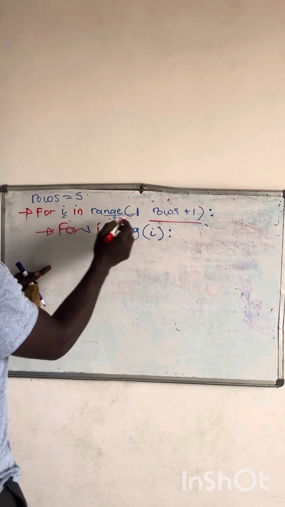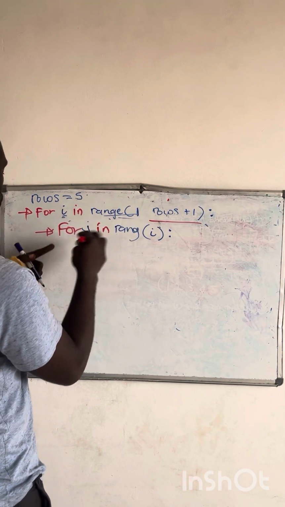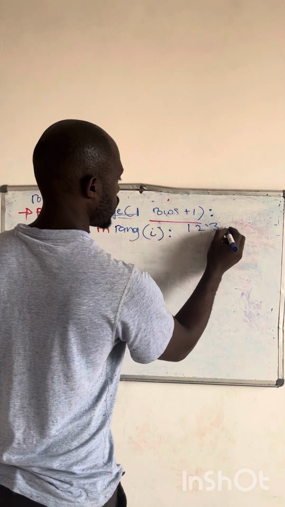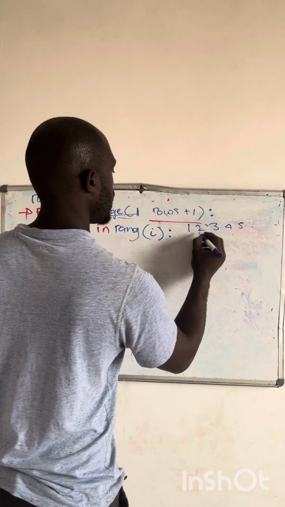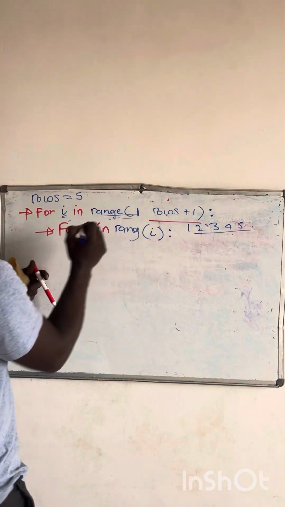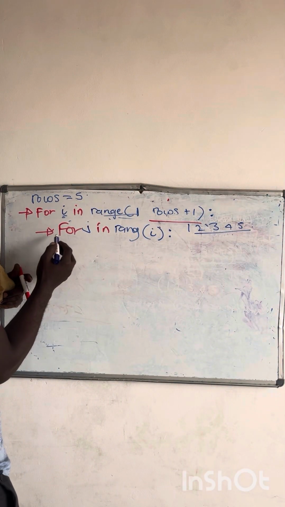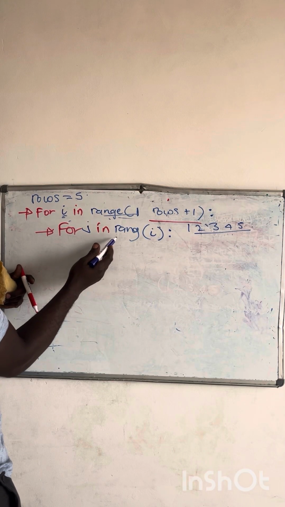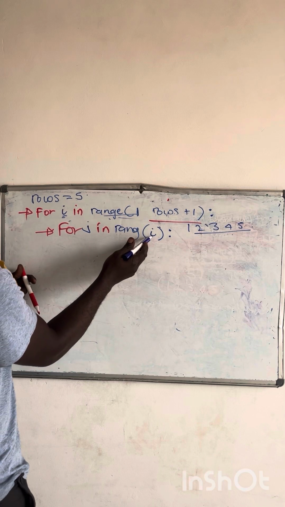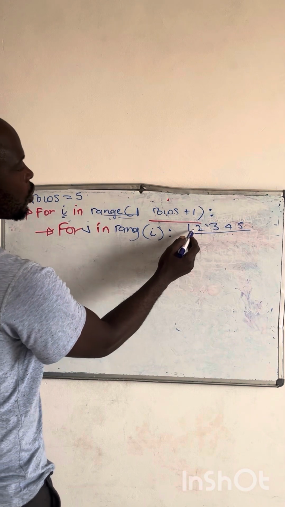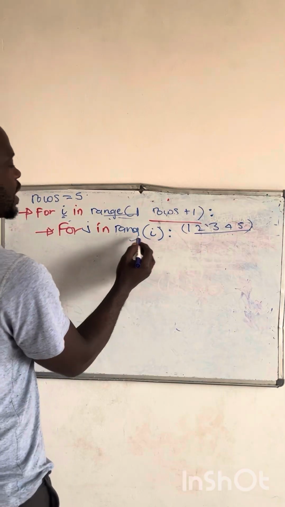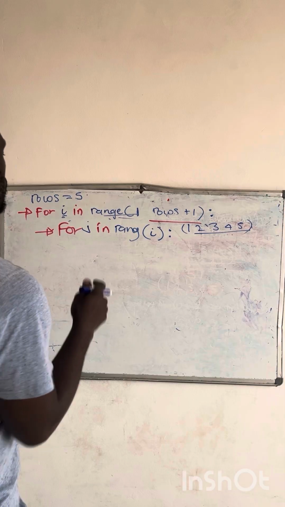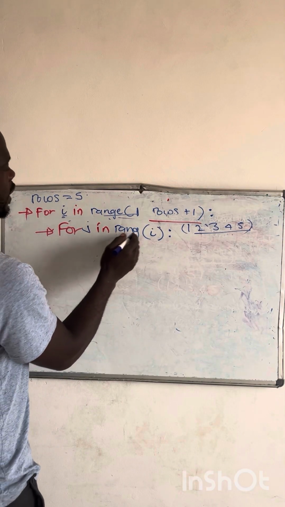So we saw that our outcome in the first loop was 1, 2, 3, 4, up to 5, okay? Now in the second loop, we are looping against i, and in this case, i is all of these numbers. So we're saying for j in range i.